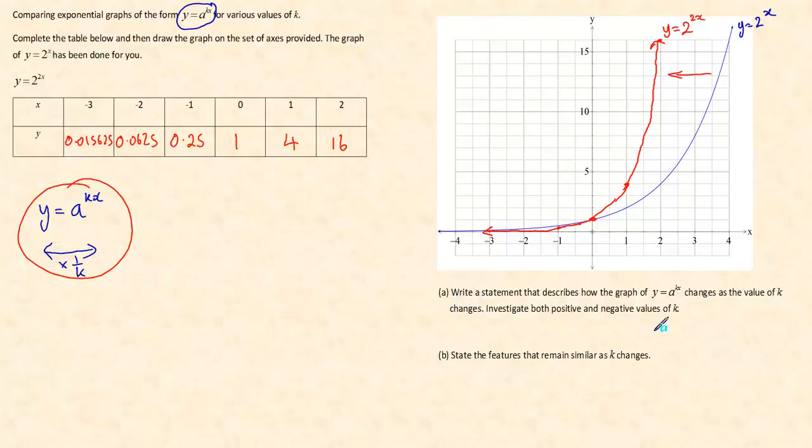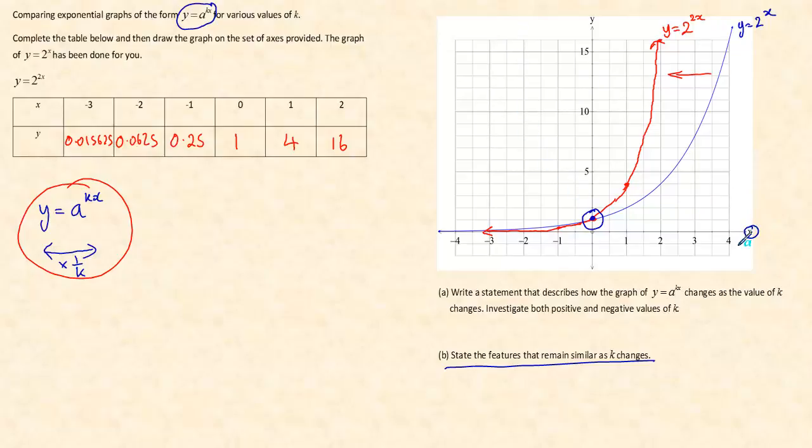Now we'll do a little investigation like this in a moment using Autograph, but the features that remain similar as k changes, well, it's always going to go through here at the same point, because whatever k is, when x is 0, it's still going to be a to the 0. Now, when k is positive, we'd expect the graph to have the same shape, and when it's negative, we'd expect it to come down the other way.